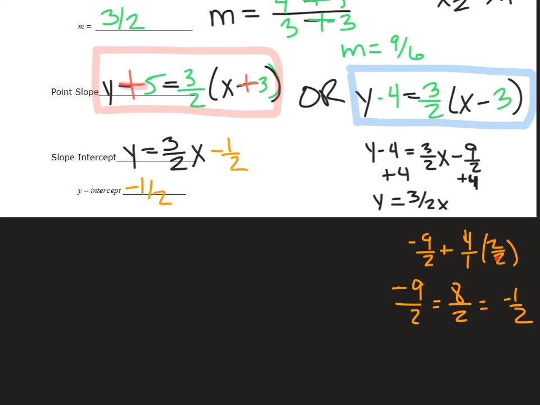I'm not changing the value, but I am getting the same denominator. So 4 times 2 is where I got my 8 from. 1 times 2 is 2. Now I can do my -9 and add it with my 8, where I get my -1/2. So that means I have a y-intercept of -1/2. All right. Let me know if you have questions.